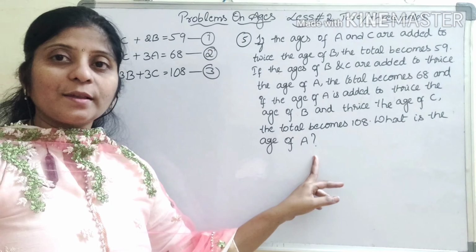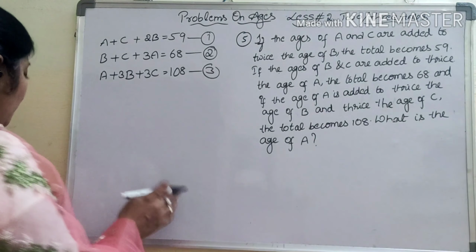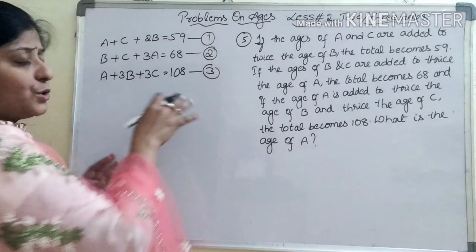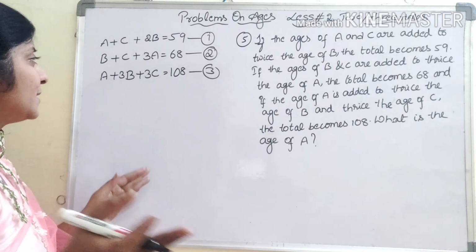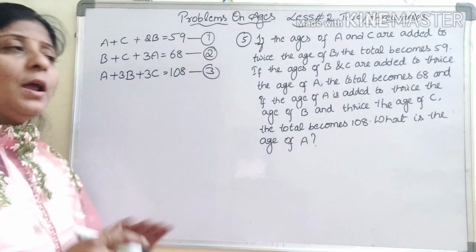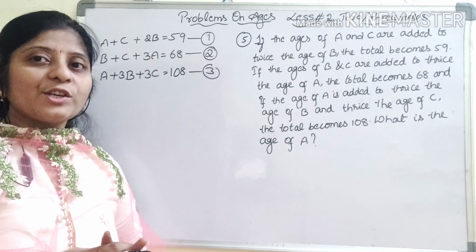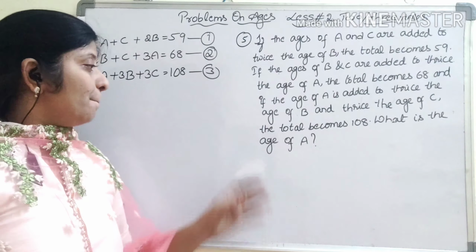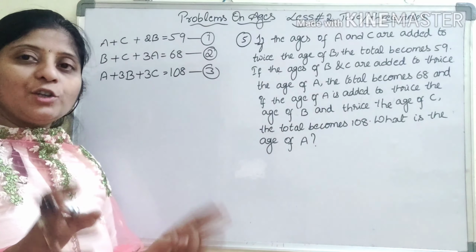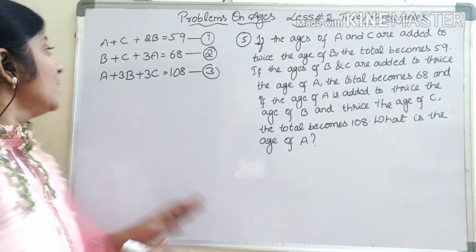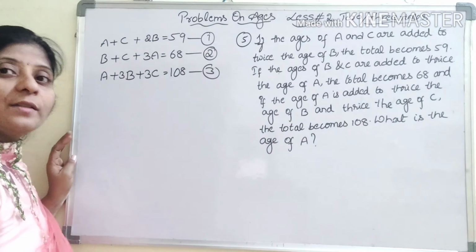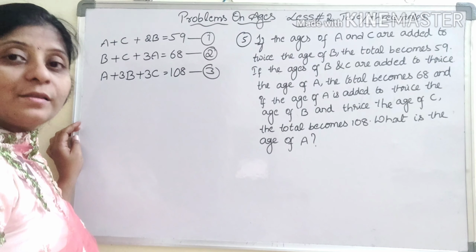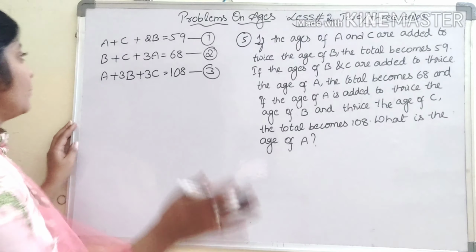So here he asked only A. Solving these 3 equations in 3 variables will take more time, but he asked only A, so it's tricky here. If our target is to find the age of A only, we have to check in which equations we can eliminate B and C easily.